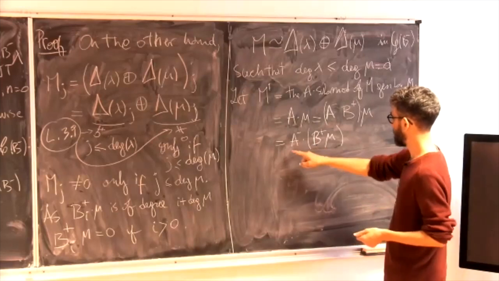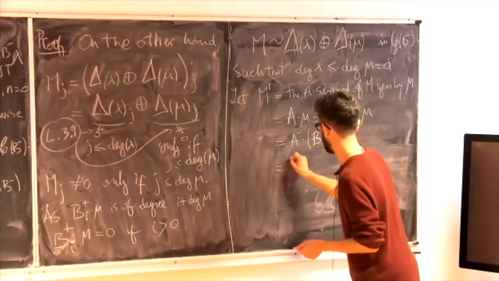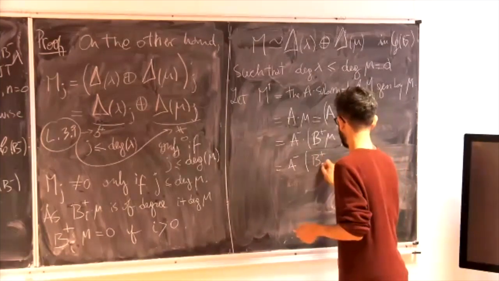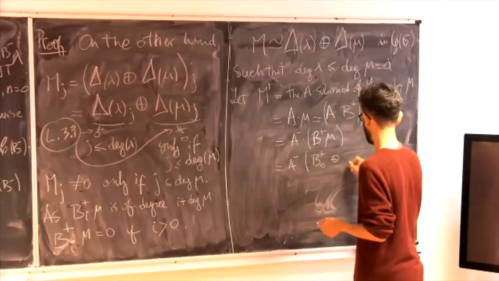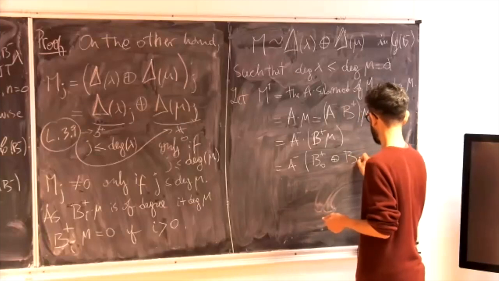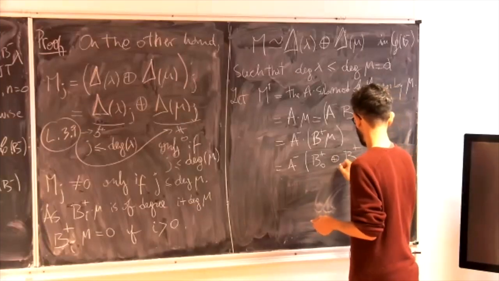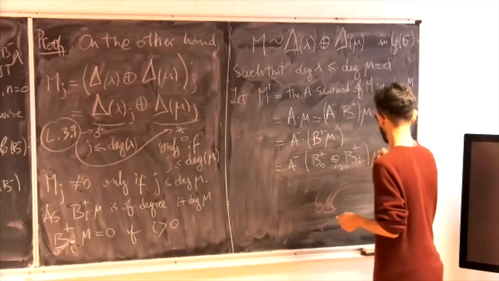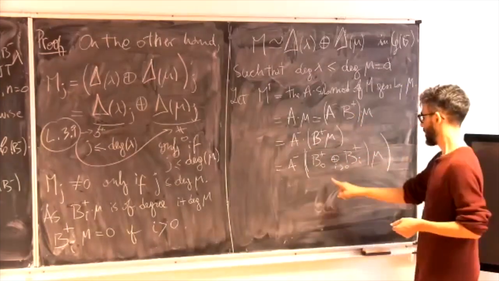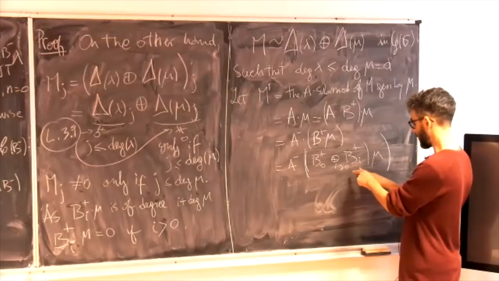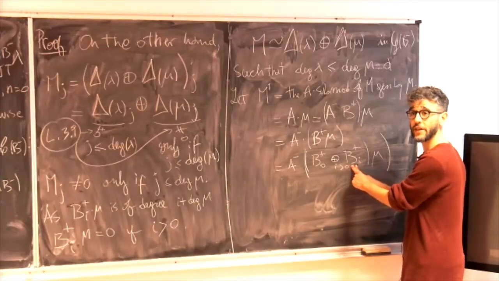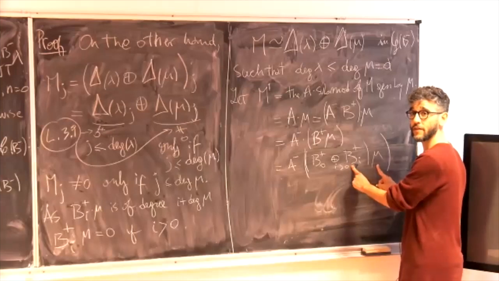So this means that now, let me write, this is b plus 0, and there are some other things acting in mu. We have proved that when we act with this part b, the positive degrees, acting on m, we obtain 0.